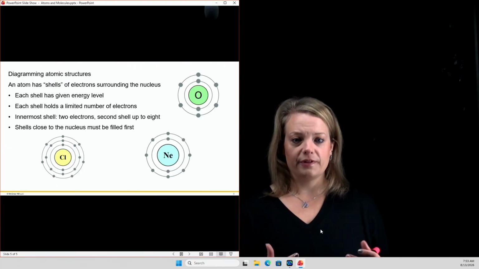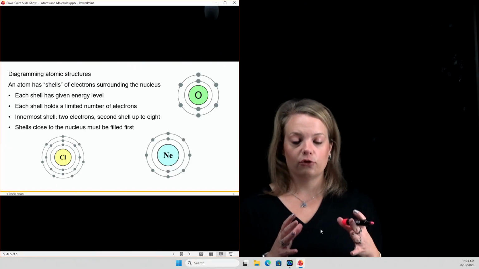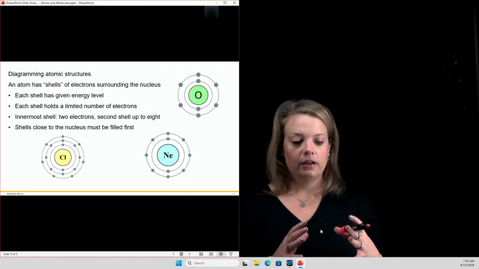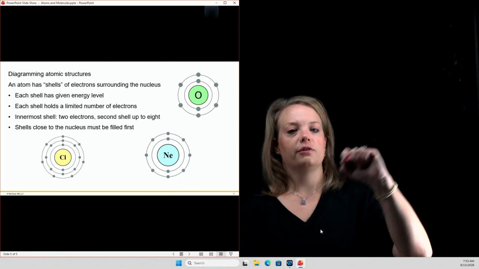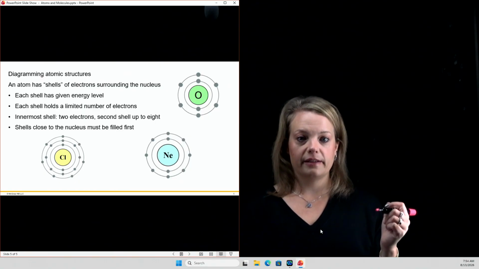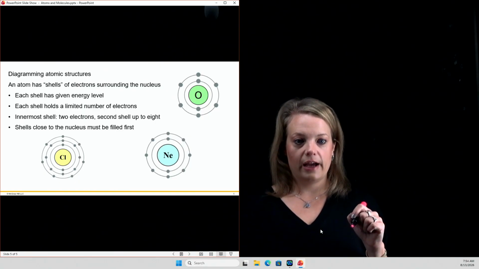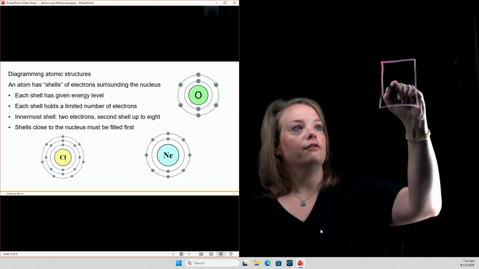For our purposes, there's a rule for how those electrons are organized or orbit around the nucleus. Let's take oxygen, for example. If we look at the periodic table, oxygen has an atomic number of 8.